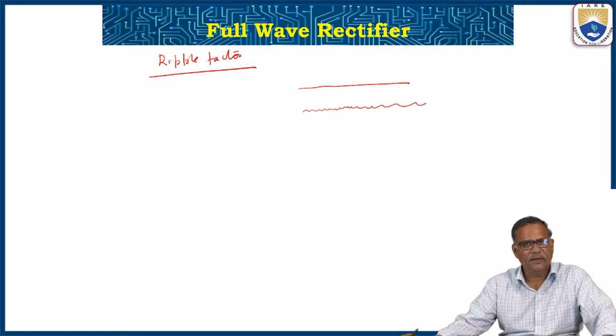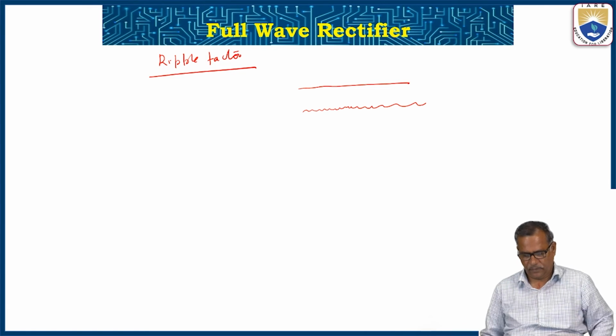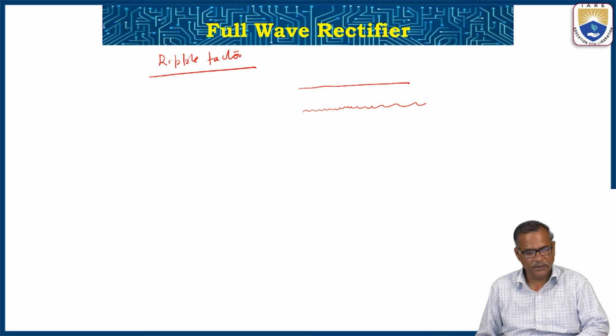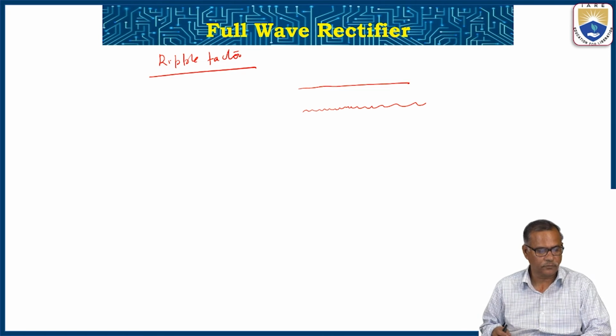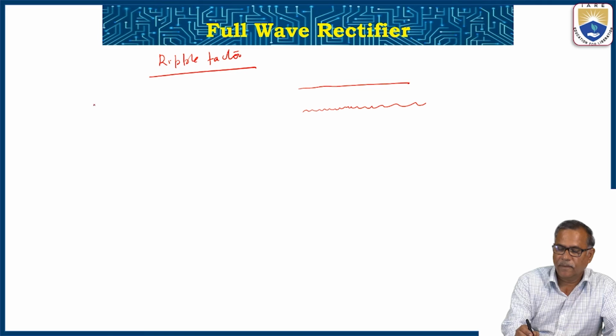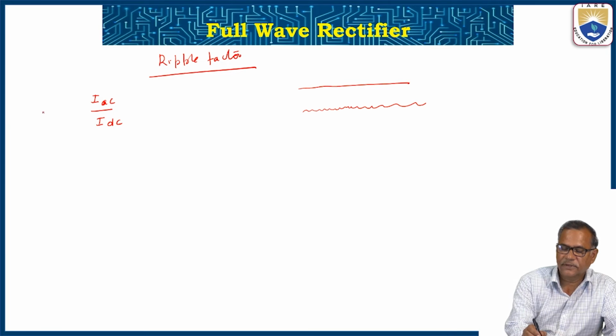It is a metric for the performance of the rectifier. The ripple factor is calculated as IAC divided by IDC. That is the definition of the ripple factor.